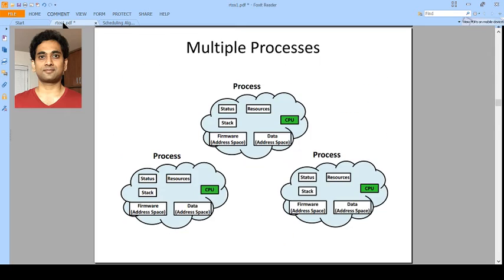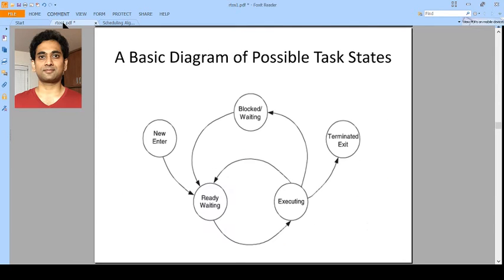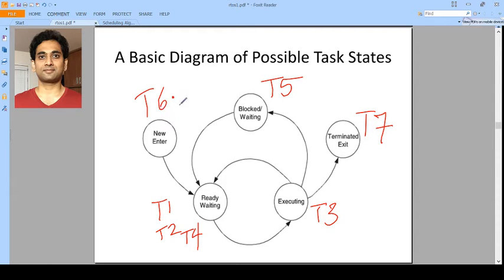In a multitasking system, there can be a number of states in which tasks can be waiting. Task T3 could be, for example, currently executing. Tasks T1, T2, and T4 could be ready and waiting. And T5 could be waiting, for example, for an external event, for an input or output from a peripheral. Task T7 could have already been completed, and task T6 may be just trying to enter into the system.